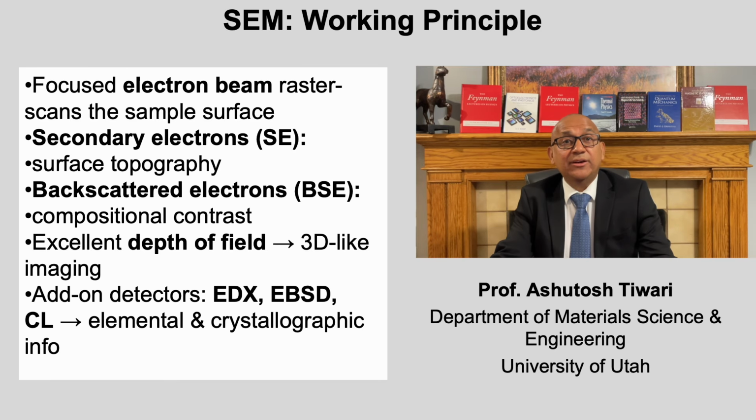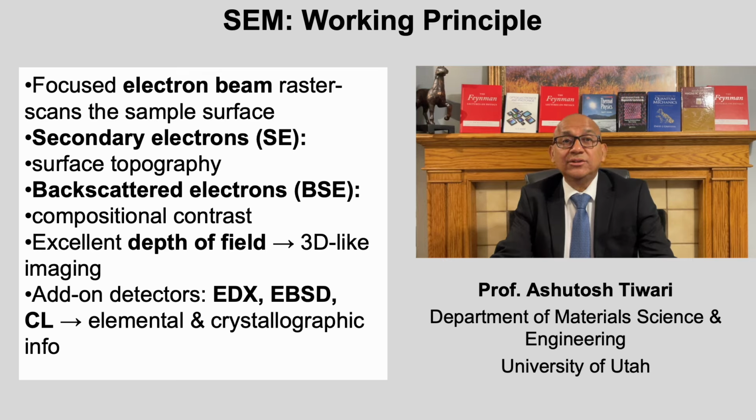As the electrons interact with the atoms in the material, they generate multiple signals, of which the secondary and backscattered electrons are most important for imaging. Secondary electrons originate from the top few nanometers of the surface and provide high-resolution topographic contrast, revealing surface features such as edges, steps, and roughness with exceptional clarity.